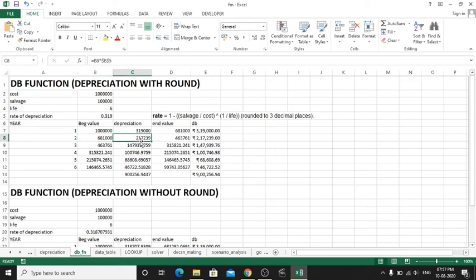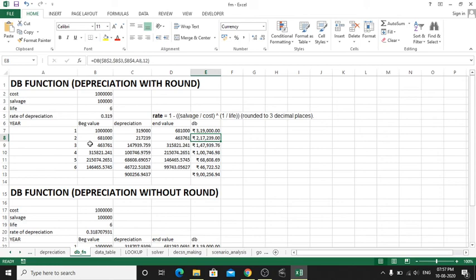Depreciation will be B8 into the rate. B8 means this beginning value into the fixed rate, and we get this answer. End value will be the difference between this value minus this value, and again we calculate the DB function.